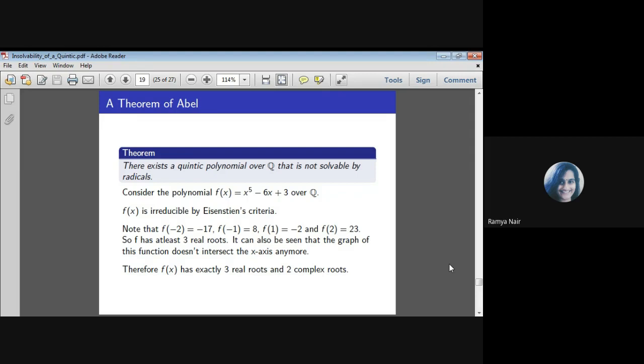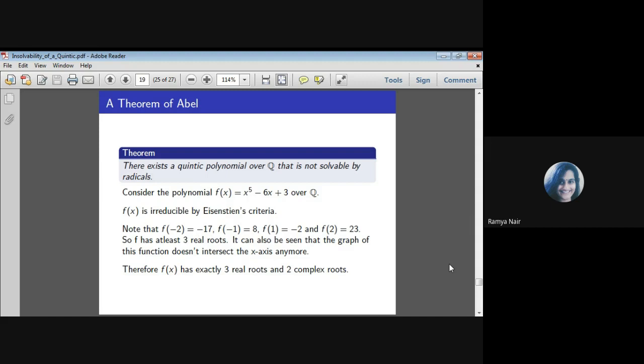This is a polynomial with rational coefficients, and it is an irreducible polynomial over Q. There is a criterion called Eisenstein's criterion, which says that this polynomial is irreducible over Q. That is, it has no rational roots. We can look at various values of this polynomial.